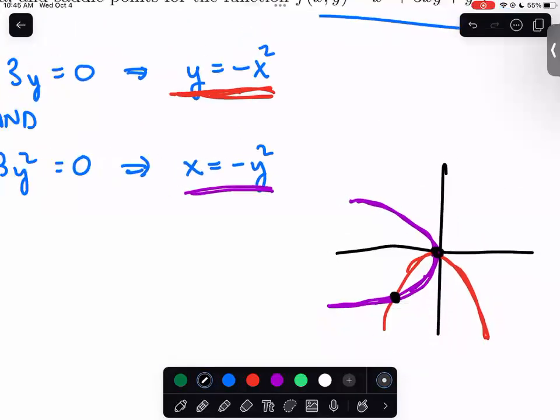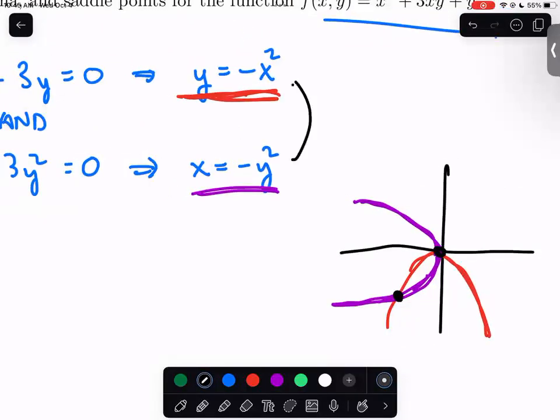Now that we have these things set, x equals and y equals, we could use a substitution method for solving our system of equations. If I substitute my second equation into my first equation, I would have y equals negative x squared. And according to our second equation, x is equal to negative y squared.